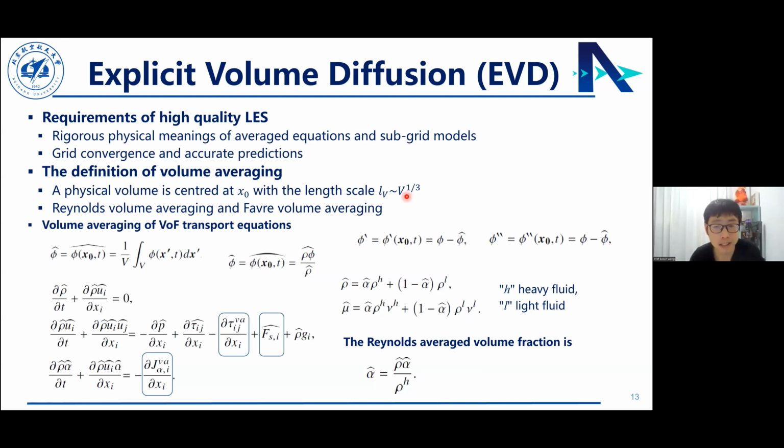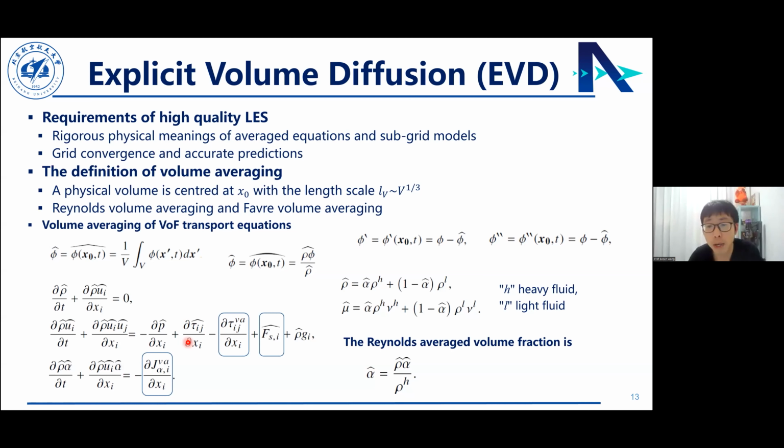And then we use the Favre volume average, and then we have the mass continuity equation, the volume average transport equation, and also the sub-volume flux.